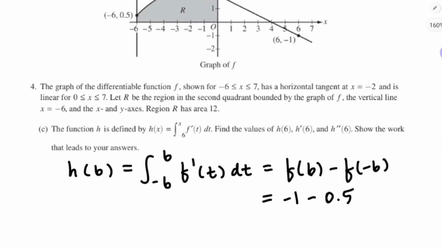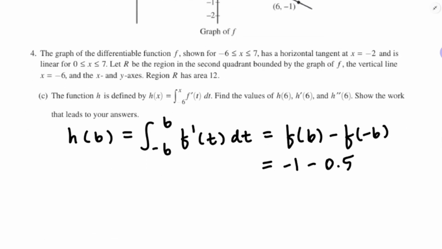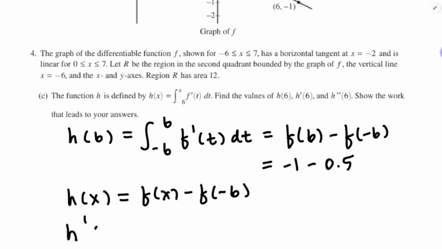Okay, h prime of 6, well, if h of x equals the integral from -6 to x of f prime of t dt, just in case you forgot, you could say actually h of x equals f of x minus f of -6, like actually take the integral like I did there, and then take the derivative and say, okay, well, h prime of x equals f prime of x.